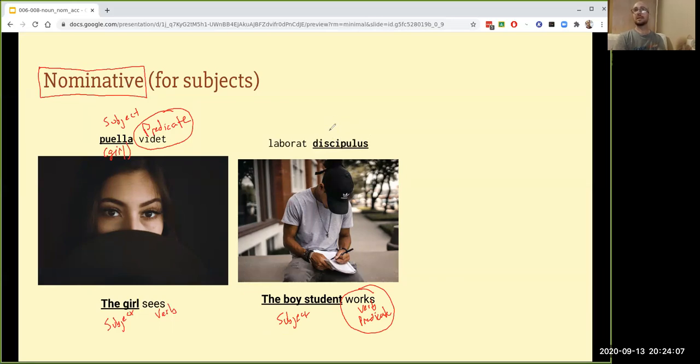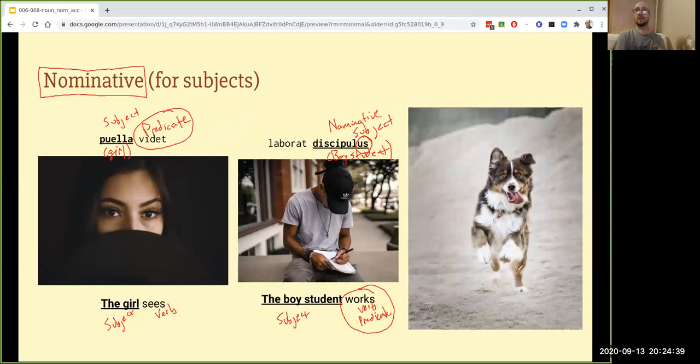But this is the nominative case form of the subject for boy student, which is discipulus. Think like disciple. And we can tell just by the sound of this word, discipulus specifically is that last element there, that it's the subject, even though it comes last in the sentence.